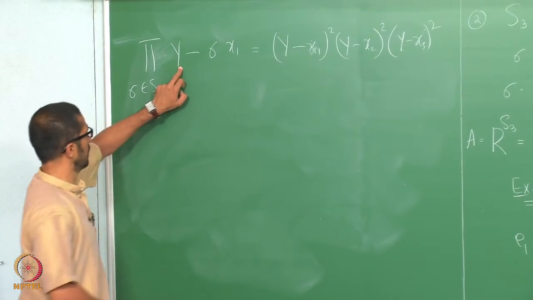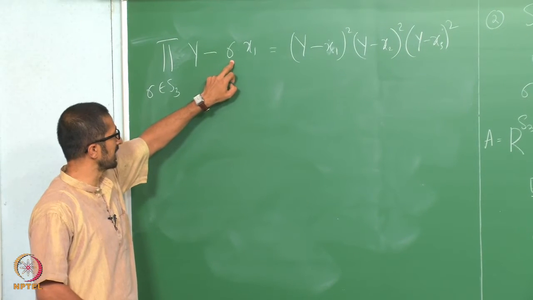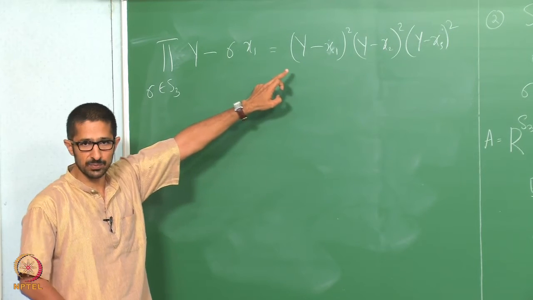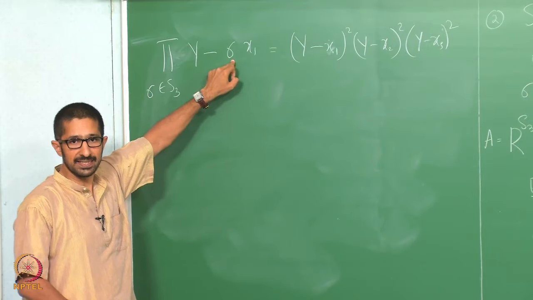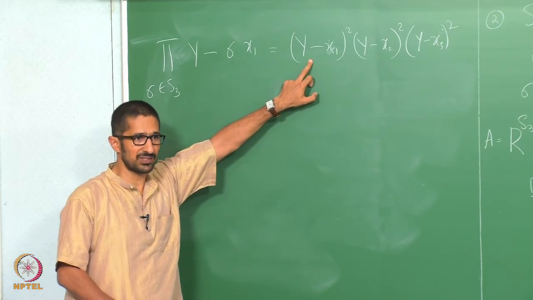I am looking at y minus sigma acting on x1. For sigma equal to identity acting on x1, there will be y minus x1. Sigma equal to (2 3) acting on x1 will again be x1.